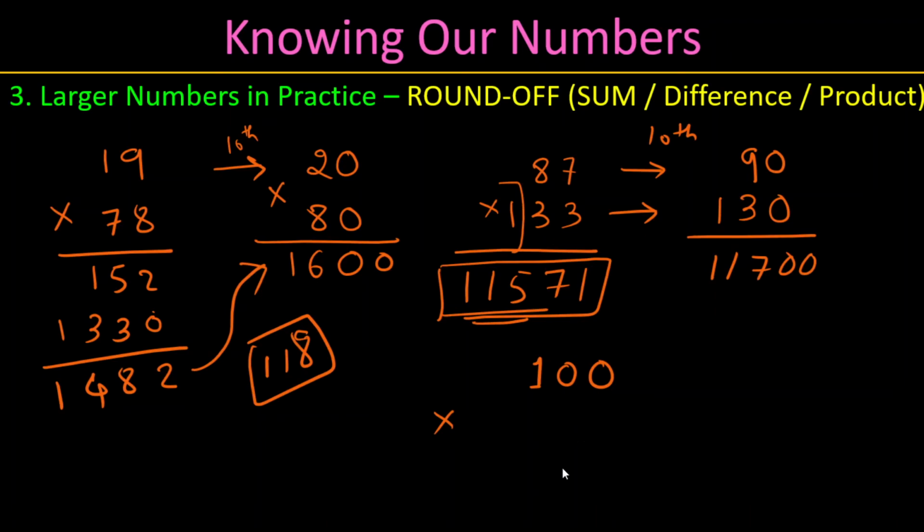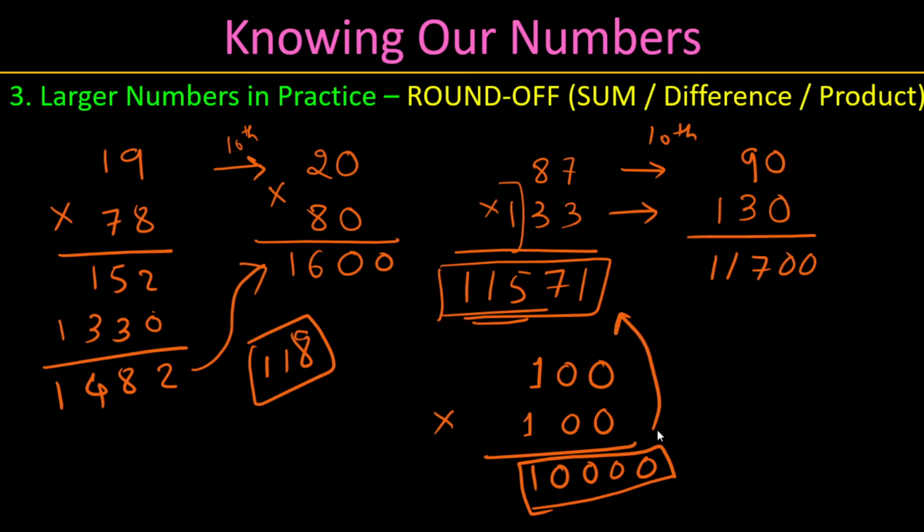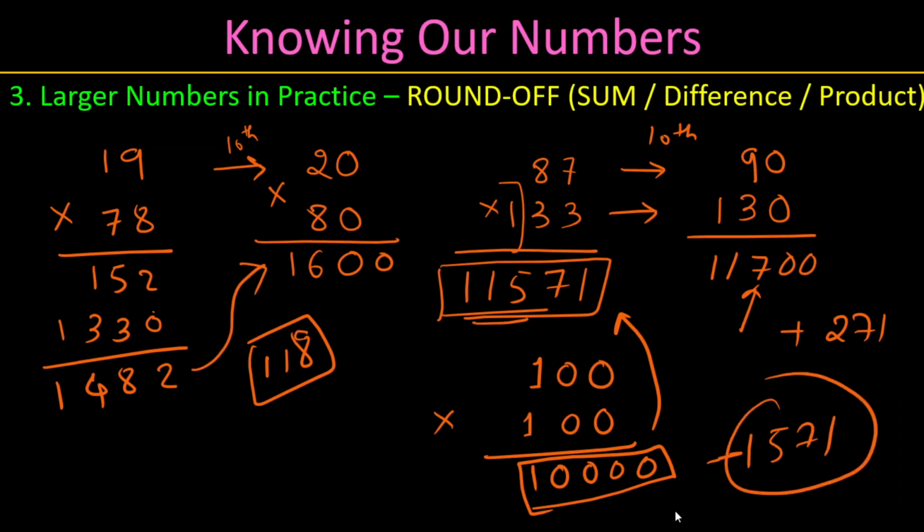Don't do anything, change on this side. So what is the value? See here, difference 10,000. Even though it is less, this is more. Okay, this is the actual value. More by how much? Nearly 271 more plus. This is almost 1,571 minus. Okay, see here how much. This is approximation. Okay, that's about estimation and approximation.